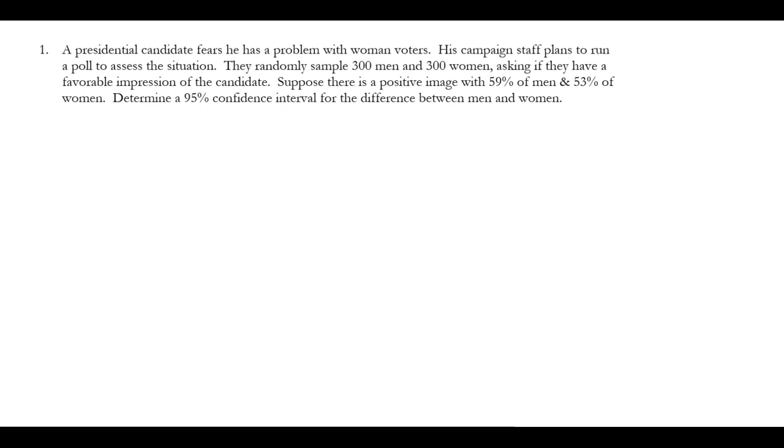Okay, so the presidential candidate fears he has a problem with women voters. His campaign staff decides to run a poll. They randomly select a sample of 300 men and 300 women and ask if they have a favorable impression of the candidate. There's a positive image with 59% of men and 53% of women. Determine a 95% confidence interval for the difference between men and women.